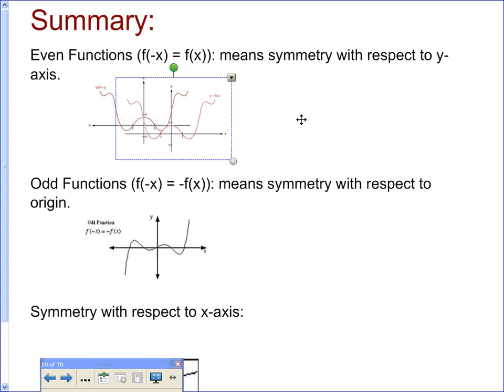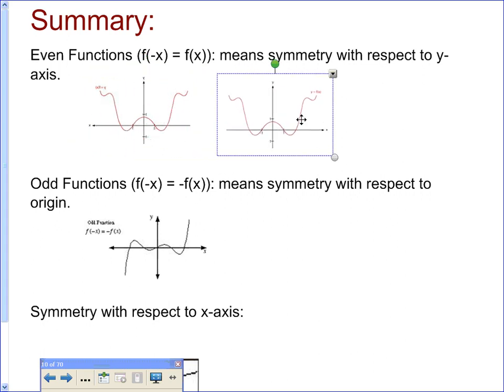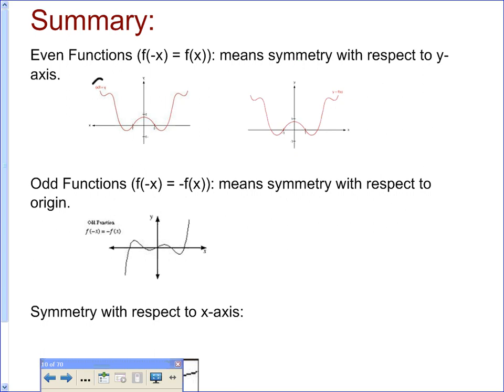Now you can see that these are going to coincide, exactly the same graph. And you can tell that they're different because in this one I have this on this side and this one I have on this side. So it is symmetric with respect to the y-axis.